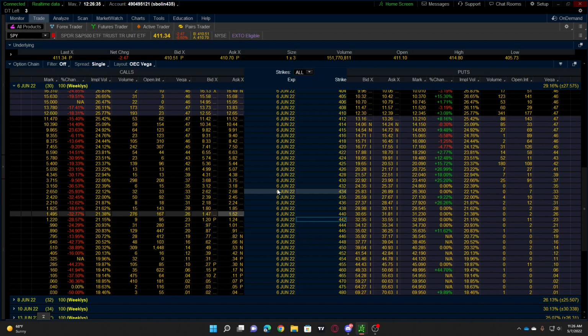And if you're looking for a volatility crush, say for example like earnings, then that trade also is based on a change in volatility, and you would want the greatest amount of change in volatility that you could get, and that would be near the money.